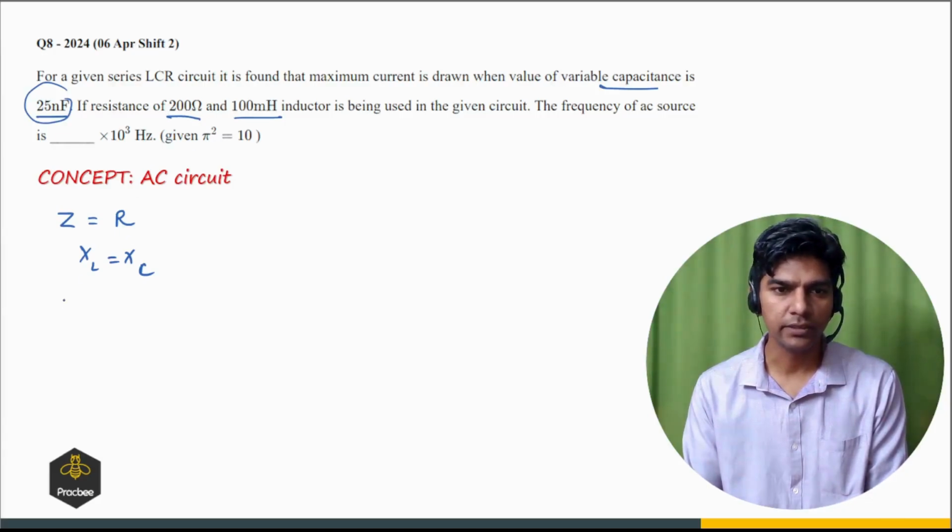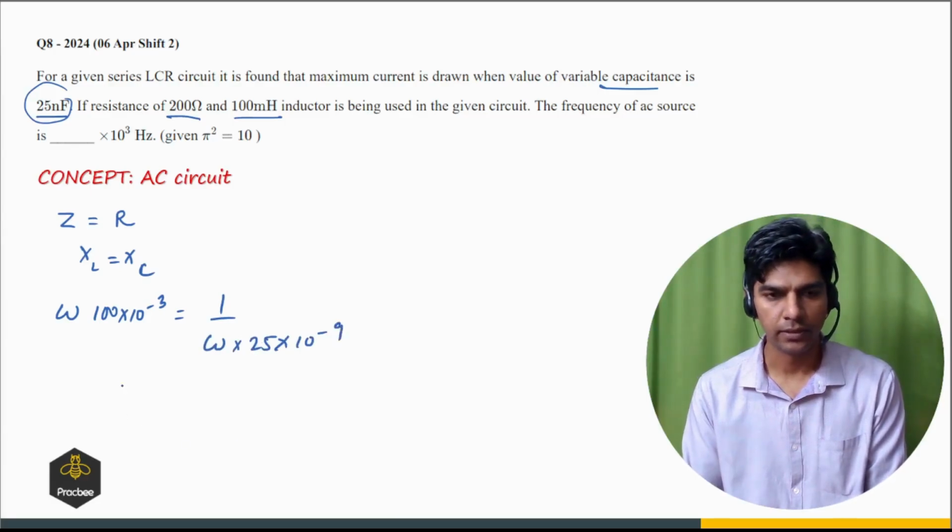Now from this, XL can be written as omega times L, and L is 100 milli, and XC can be written as 1 by omega C, and C is 25 into 10 raised to power minus 9. Now from this, omega square will be 1 by 25 times 10 raised to power minus 10.